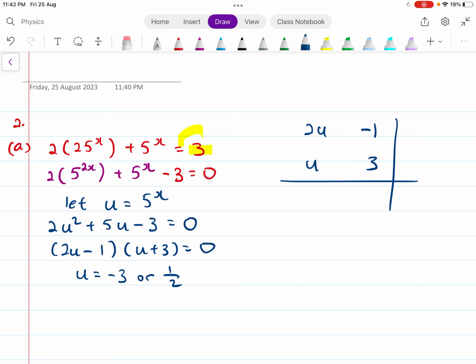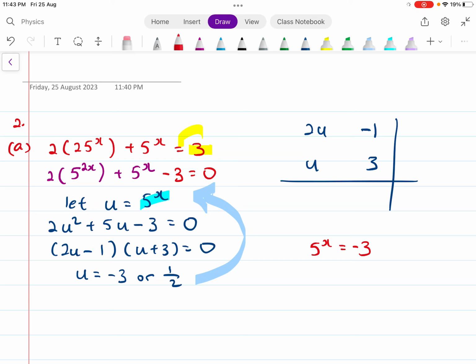But of course this is not the answer, because we are not solving for u, we are solving for x, meaning that you need to go back to your let u equal to 5 to the power of x. So next you just need to put 5 to the power of x is equal to negative 3. But this one I must reject, because how do I solve for x?